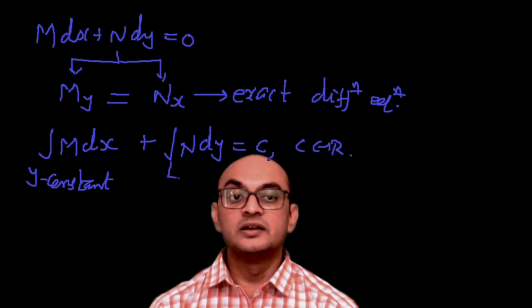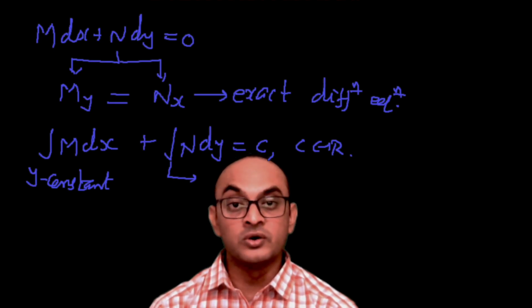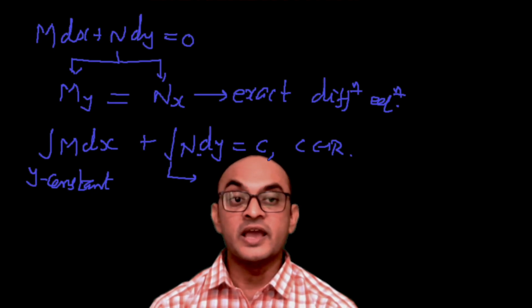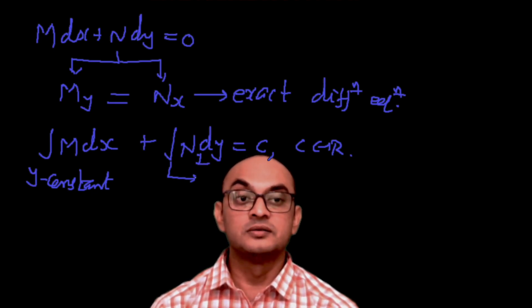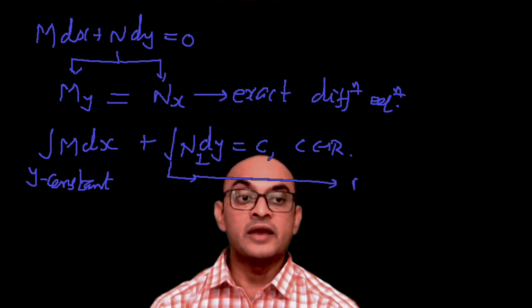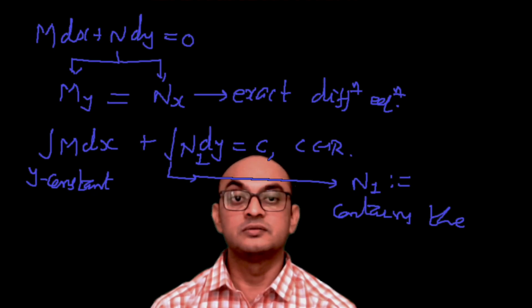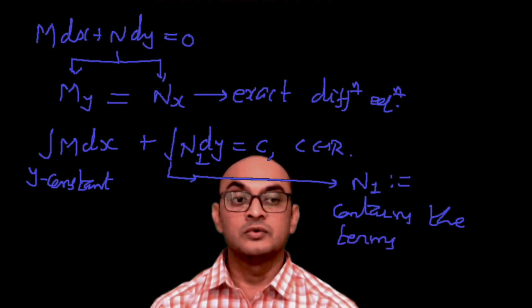And here it is not actually n, but n1, where n1 is derived from n such that n1 contains the terms which do not contain x.